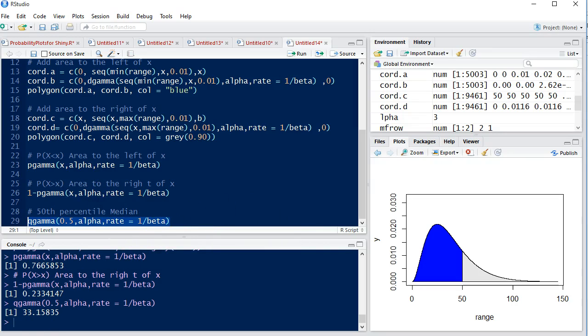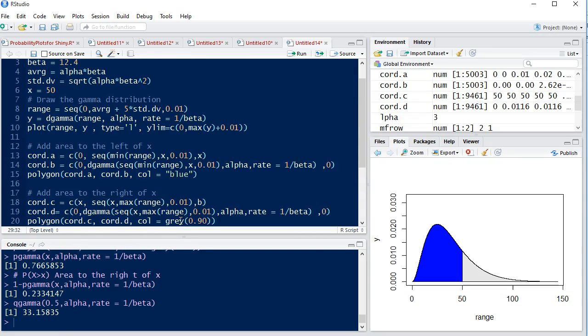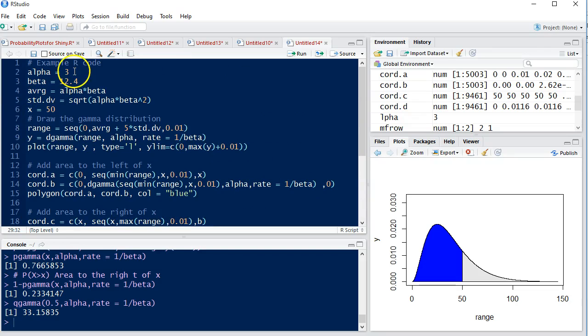Now, one other thing that you can do where software becomes really important to use instead of doing this by hand is when we have an alpha value that is not a whole number. It's not an integer. So let's say we were to change this to 4.2.